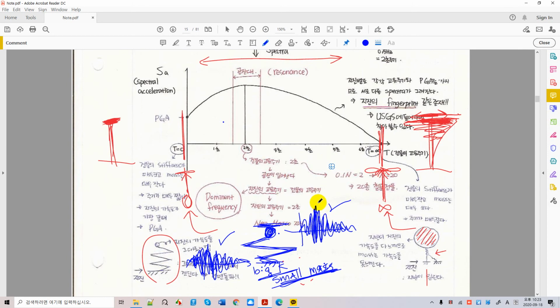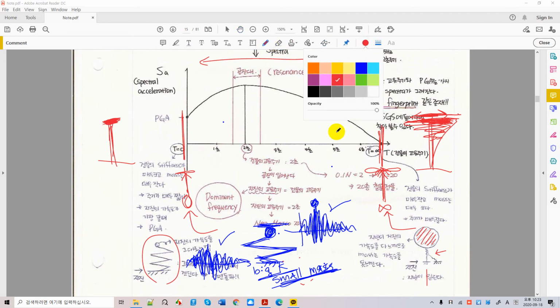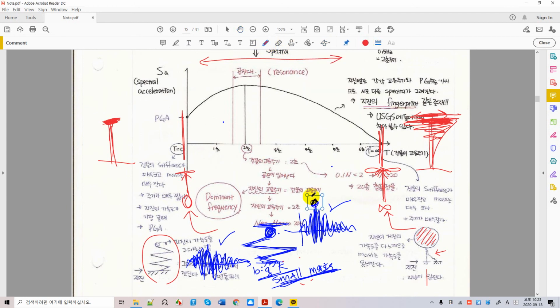Here is the maximum value right here, the maximum value right there, and you have the maximum value right there.